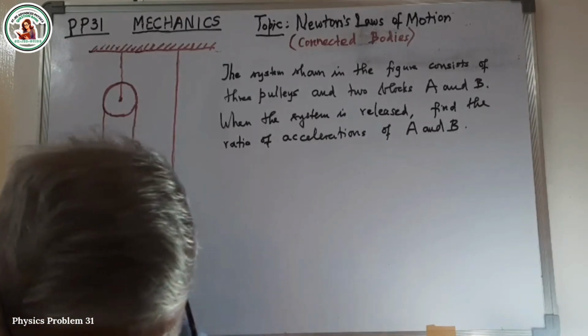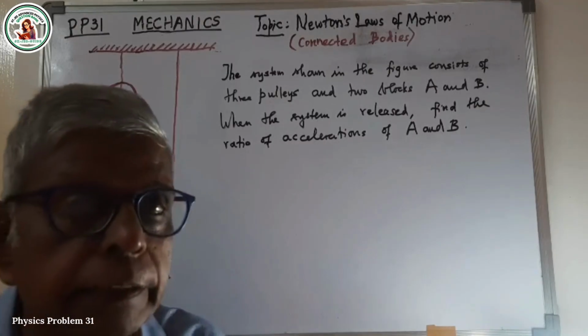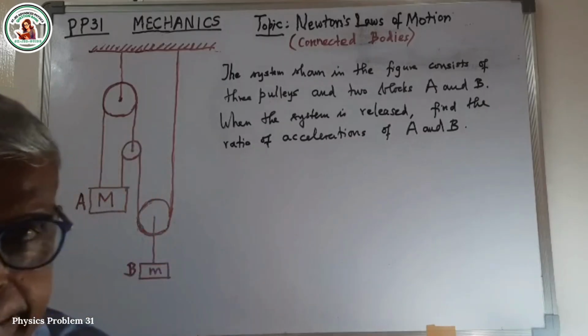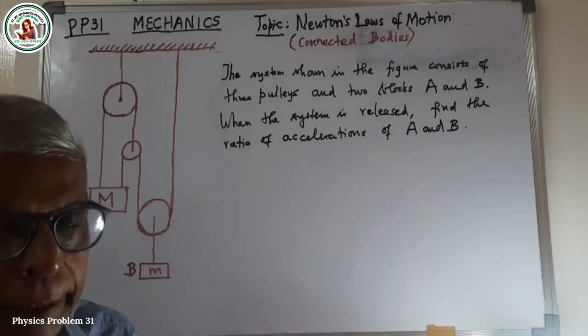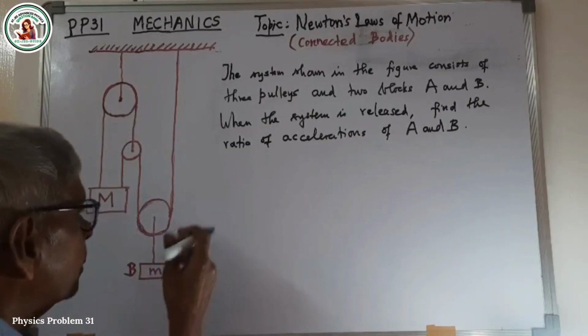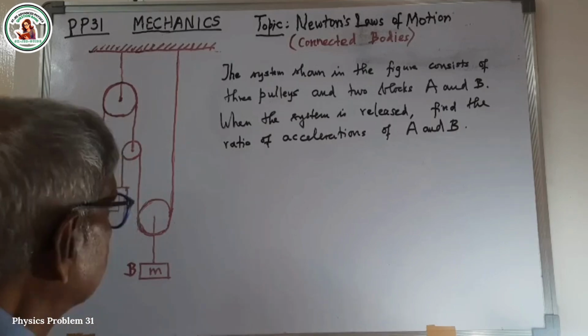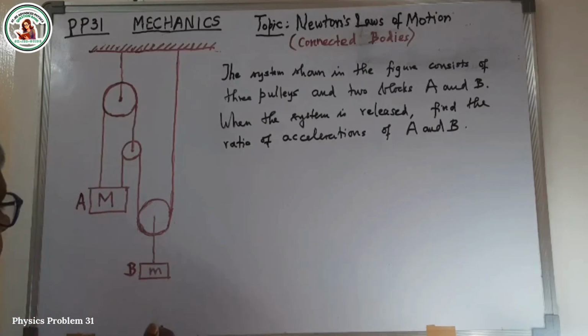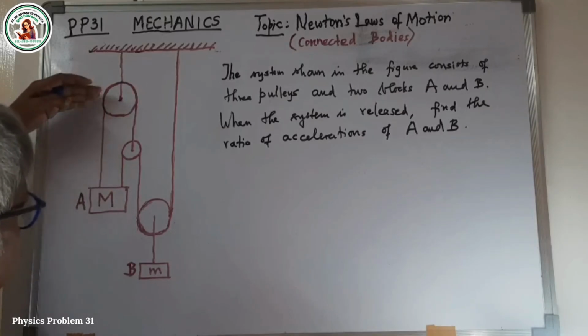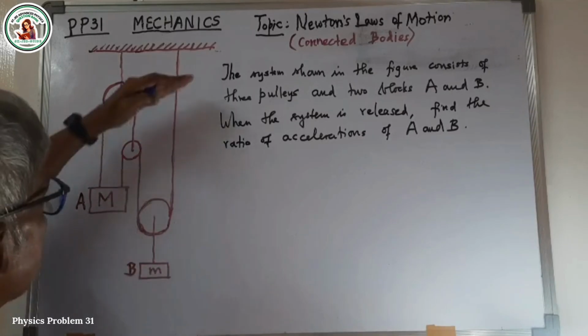Accelerations depend on displacements, that is, they are proportional to the distance moved. So the acceleration of A depends on a certain distance, and the acceleration of B depends on a certain distance.